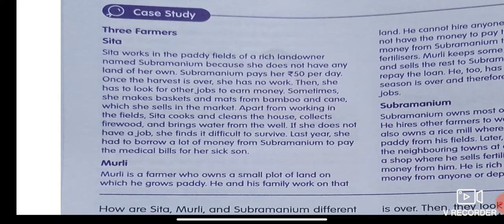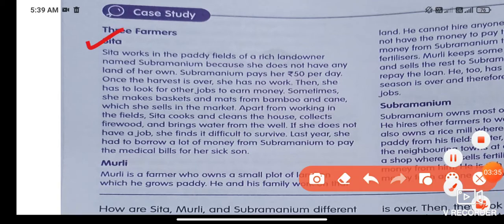Three Farmers. Sita works in the paddy fields of a rich landowner named Subramaniam because she does not have any land of her own. Subramaniam pays her rupees 50 per day. Once the harvest is over, she has no work.